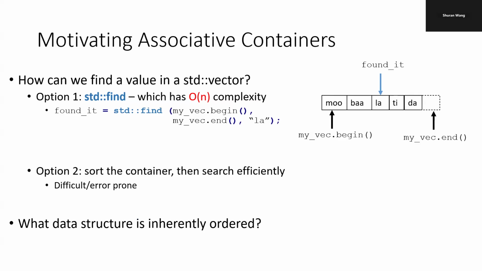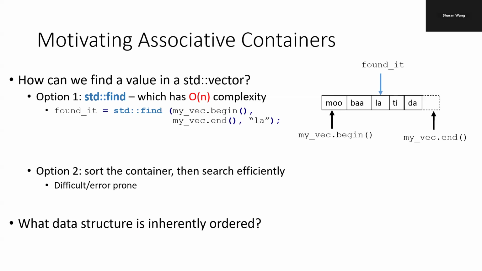Better options, what data structures are there that can be inherently ordered? So we don't have to explicitly order them. We can just directly search by binary search. And now we're no longer thinking of containers that are 1D.